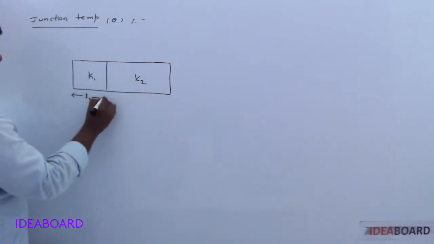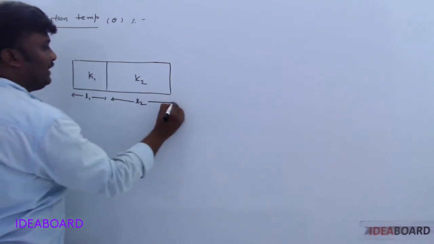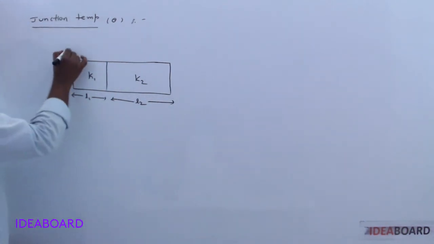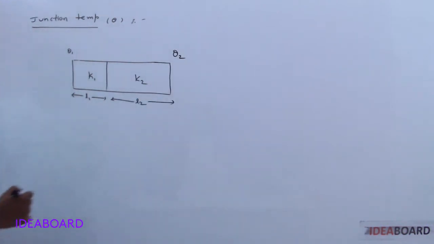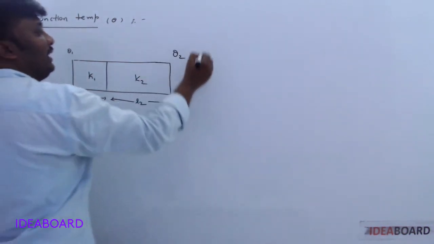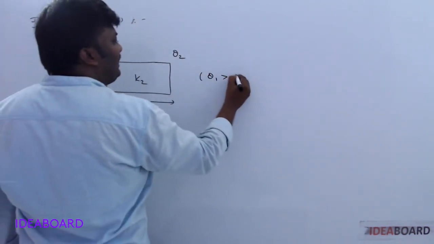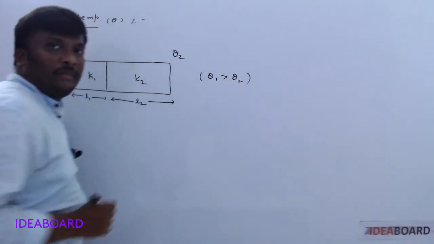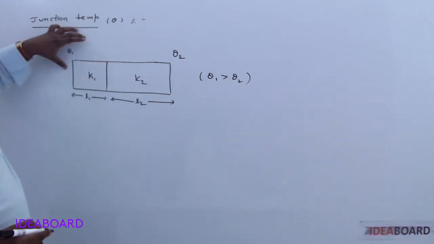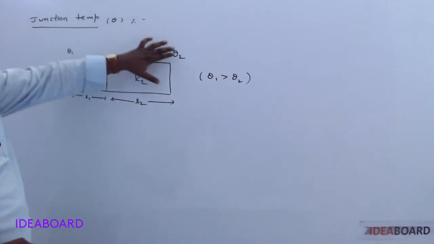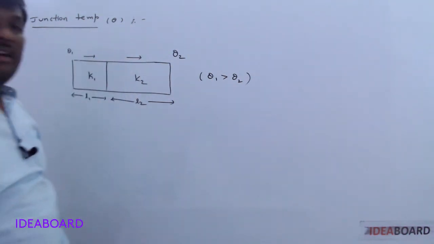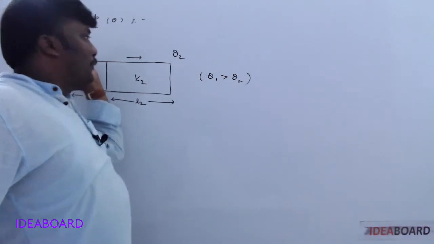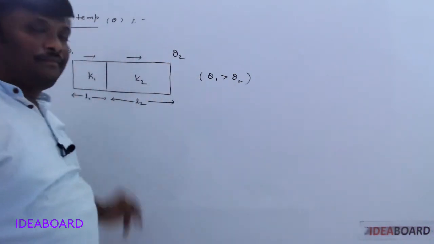Let the length be L1 and this length be L2. Here the temperature at this end is taken as theta 1 and the temperature here theta 2. I think theta 1 is greater than theta 2. Heat always flows from the higher temperature region to the lower temperature region, so heat will flow in this way. If theta 2 is greater than theta 1, heat flows in this direction.